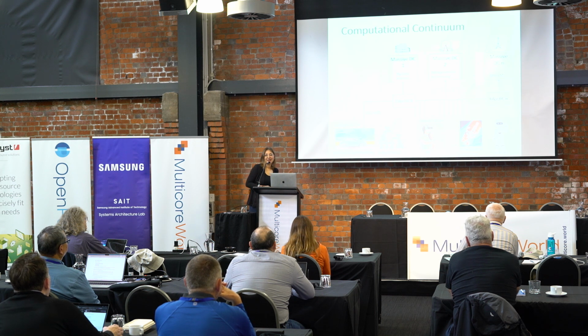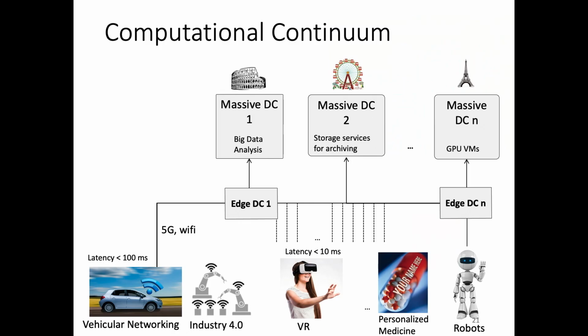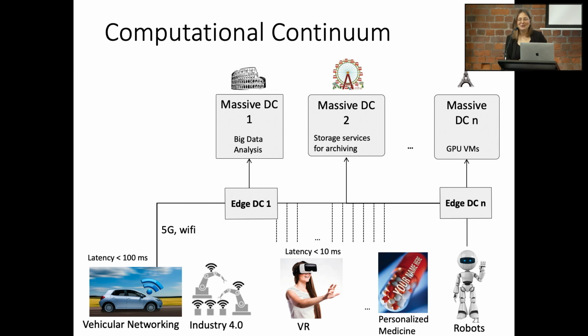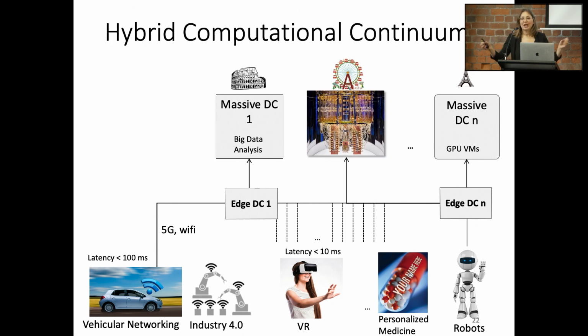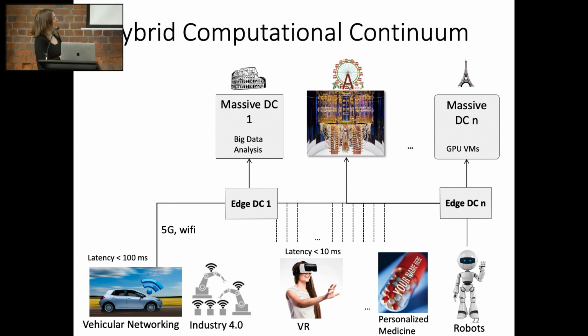So if I show you again my wonderful slide of a beautiful continuum that we can use in a vertical and also horizontal way, one might think, okay, let's exchange certain units, put in a quantum computer, and calculate the caffeine molecules here. But it's not that straightforward.